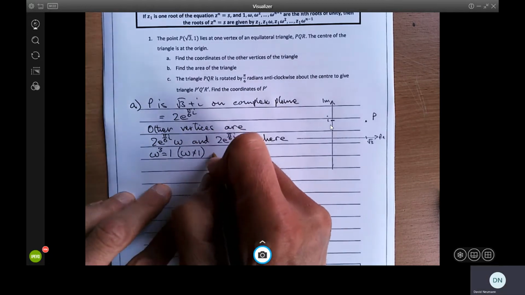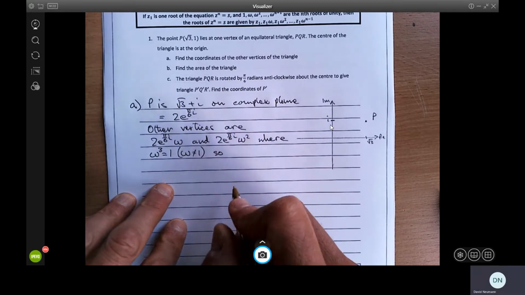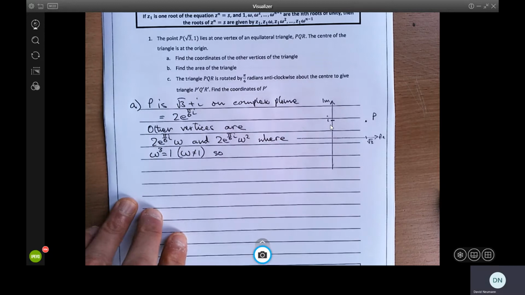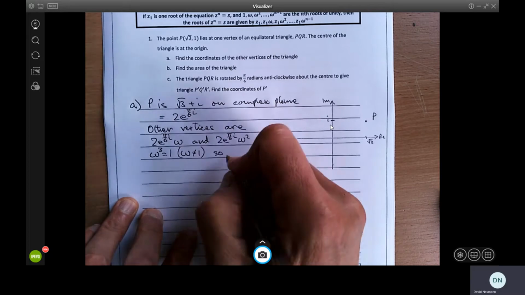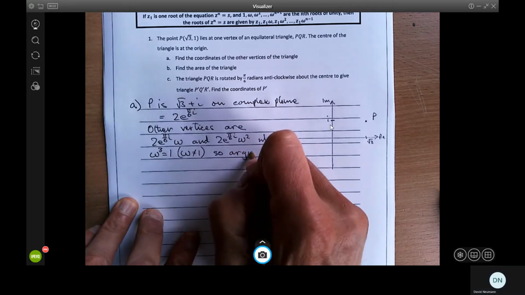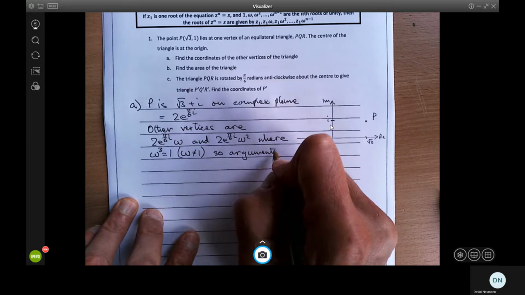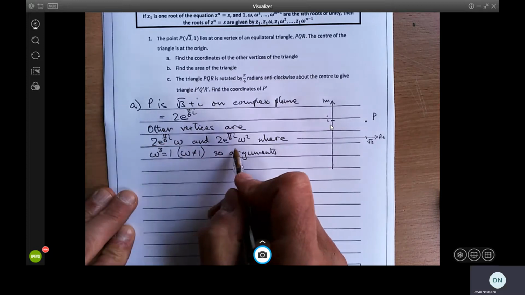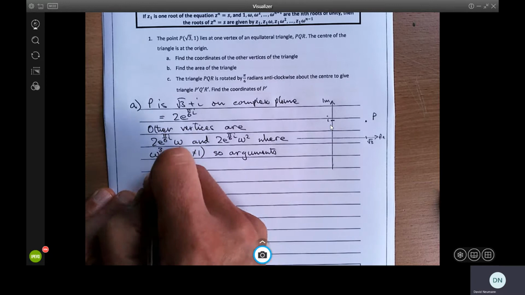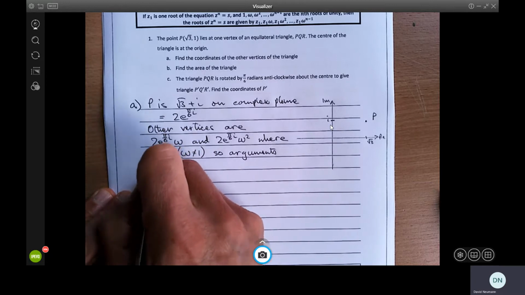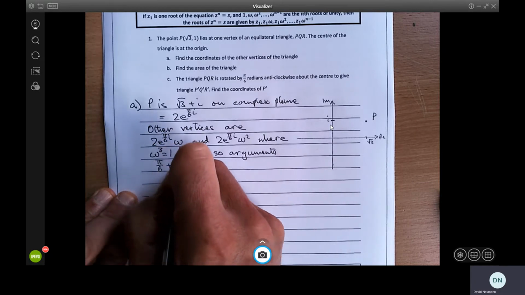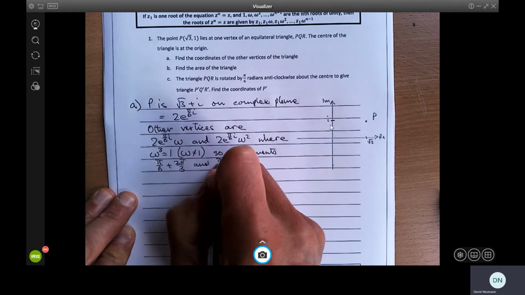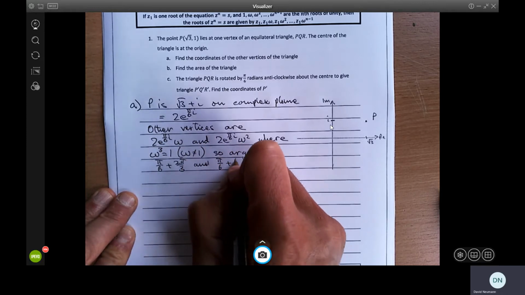So modulus still 2, and arguments we've got pi over 6, pi over 6 plus 2 pi over 3, and pi over 6 plus 4 pi over 3.